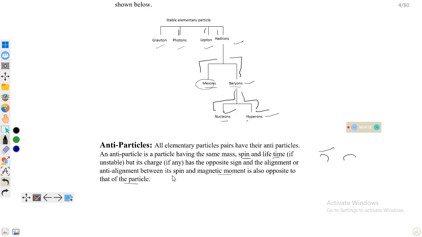It means if we have one particle and its antiparticle, both will have the same mass, spin, and lifetime, but the charge will be opposite and equal in magnitude, and the spin and magnetic moment alignment will be opposite to that of the particle. We will also discuss the antiparticles of all these particles.